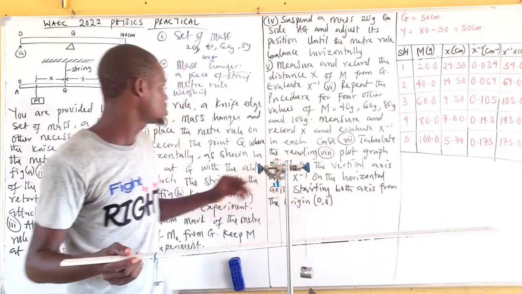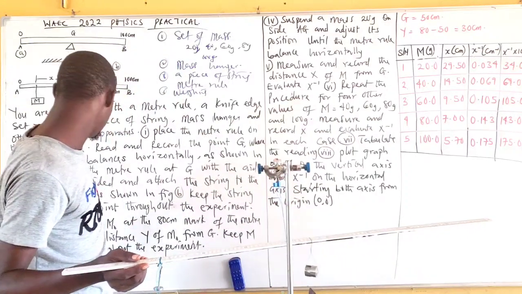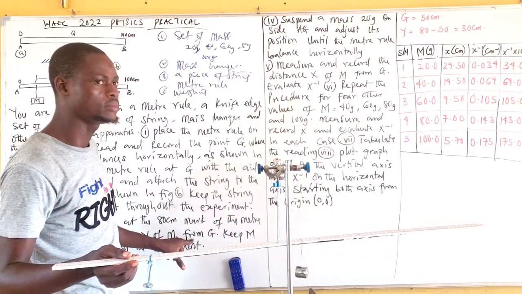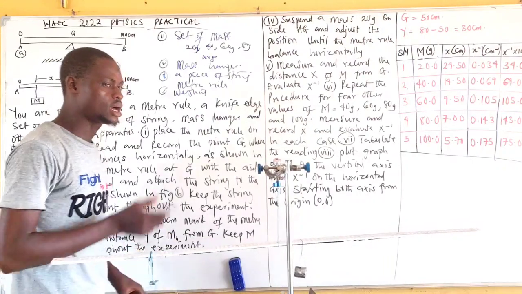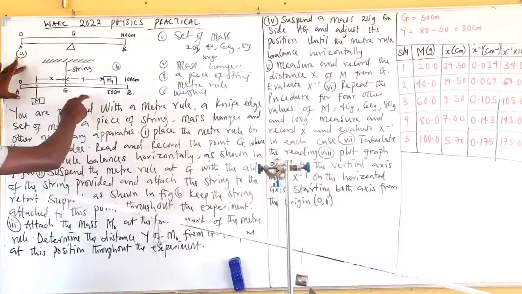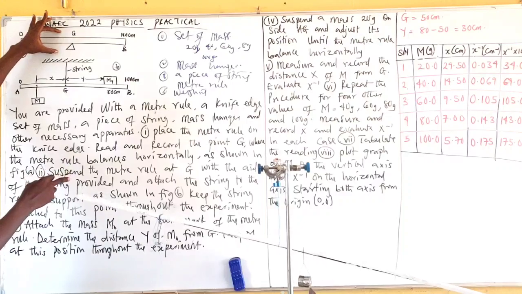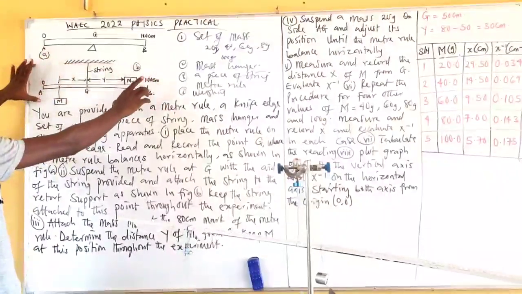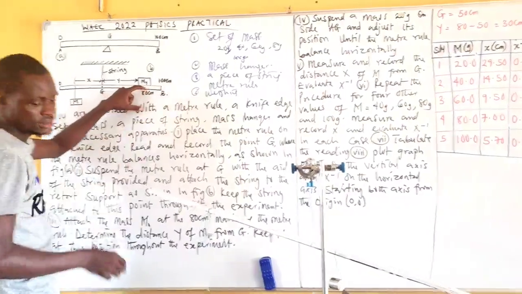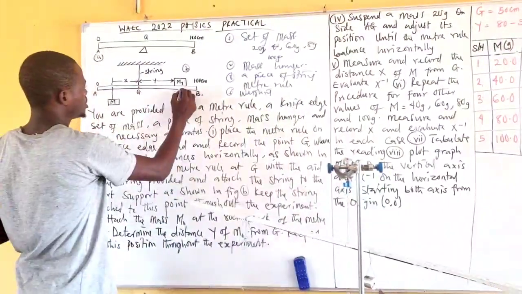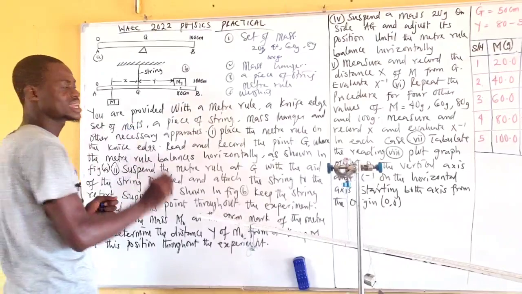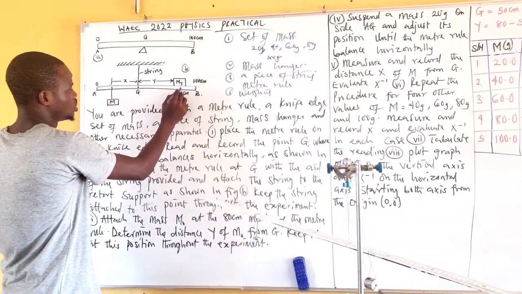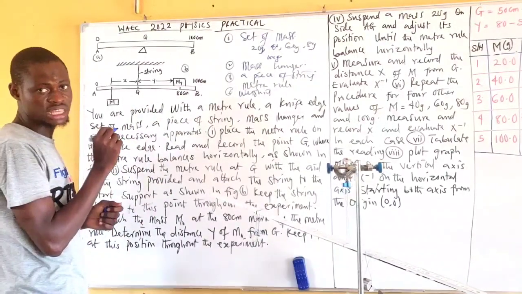Now, the next thing we are going to do is that they said determine the distance y of M knot from G. If you look at this diagram, this is when it is being balanced to get the center of gravity. This is the string and the whole combination. This is the 80 centimeter mark given to us here. Now, we have to determine the distance from G to this 80 centimeter mark.